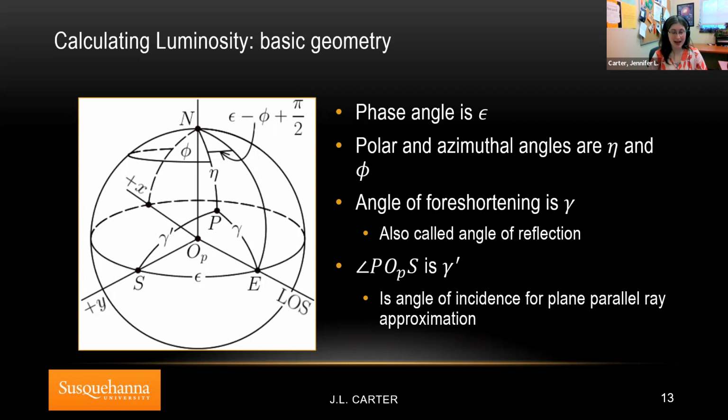To do that, I want to define a few variables just so we know what the variables are when we get to later equations. The phase angle in this case is going to be epsilon. That's this angle between the substellar point S and the subplanetary point E, where I have set the positive y-axis to run from the center of the exoplanet towards the host star.